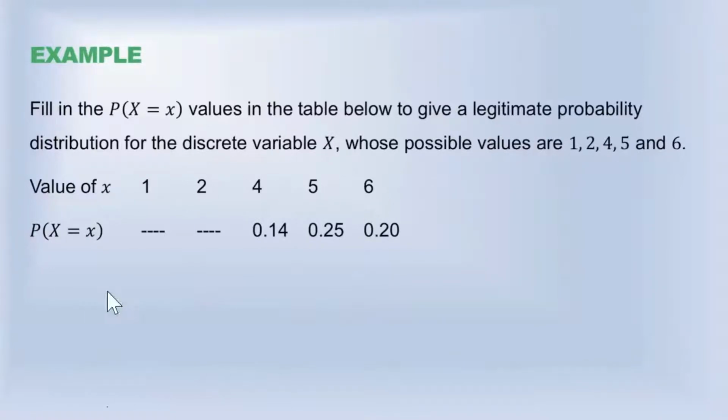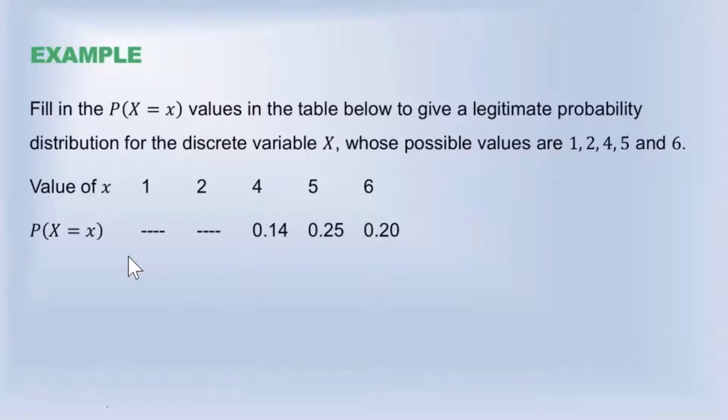Random variables are 1, 2, 4, 5, 6, and the probabilities are given. For this table to be a probability distribution, all probabilities, including the probabilities in these two blank spaces, plus these probabilities must be equal to 1, and these probabilities must be between 0 and 1. These are already between 0 and 1.